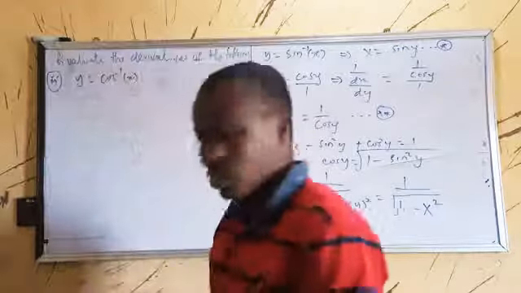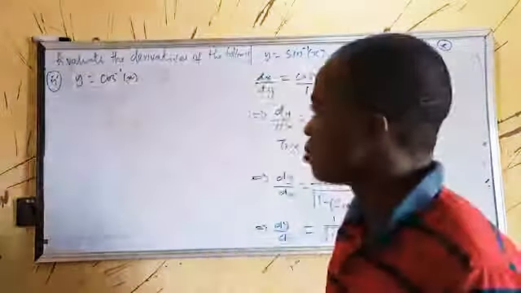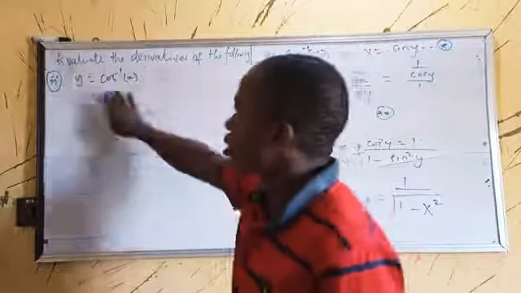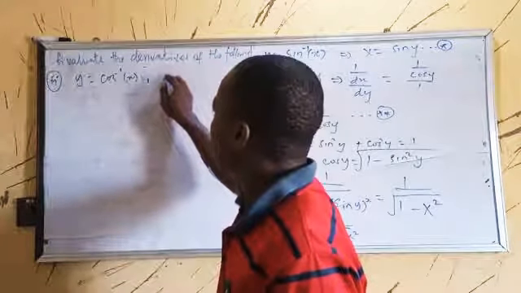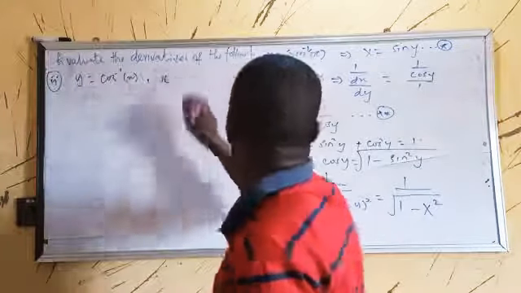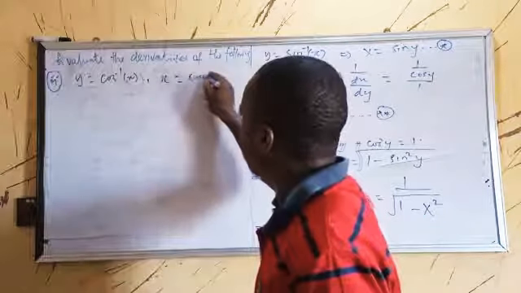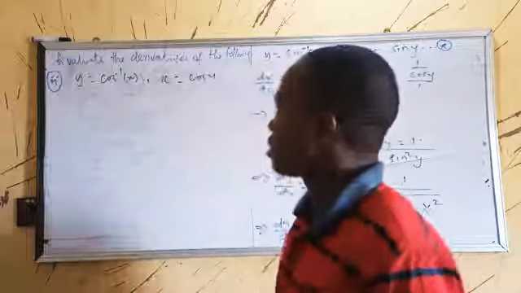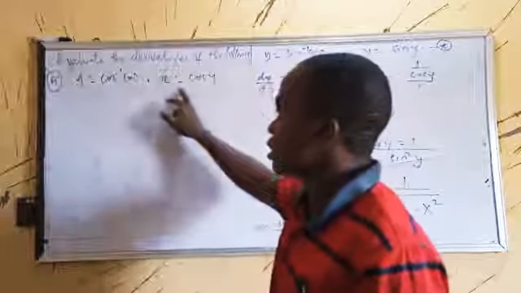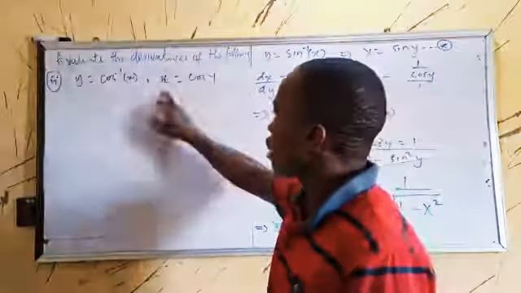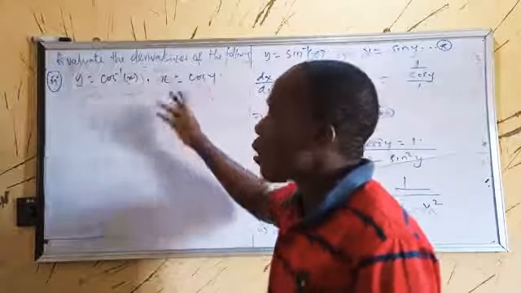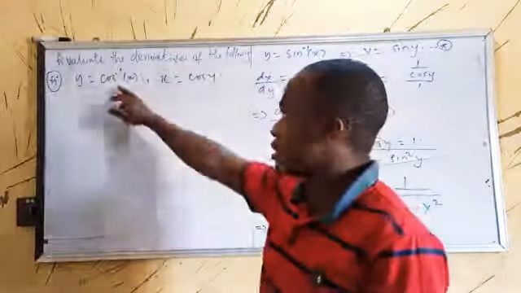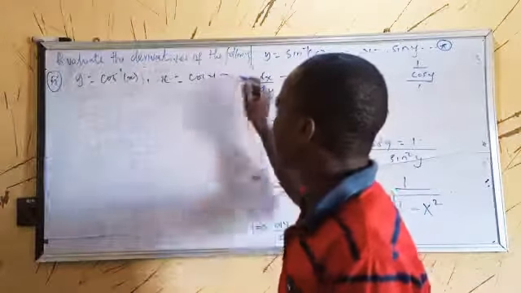So we adopt the same rule here. You can see this is gotten from x equals cos y. Are you getting it? So this is gotten from this, because if you make y the subject of your formula here, definitely this will be y equals cos inverse of x. So we have that. Understand?